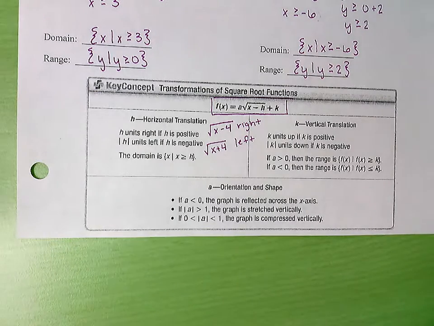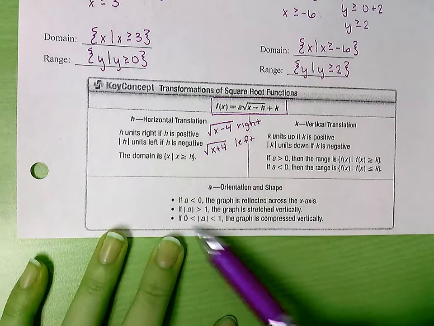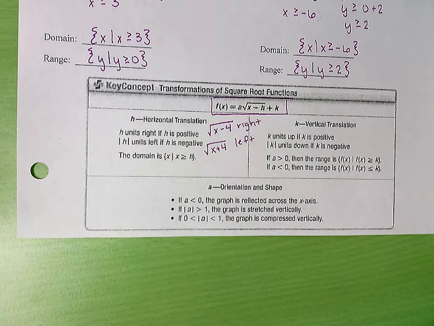All your points are going to be multiplied up more vertically. If a is between 0 and 1, so it's a fraction, like 1/2 or 1/3 or 1/4, then it's compressed, so it gets closer to the x-axis. Okay?